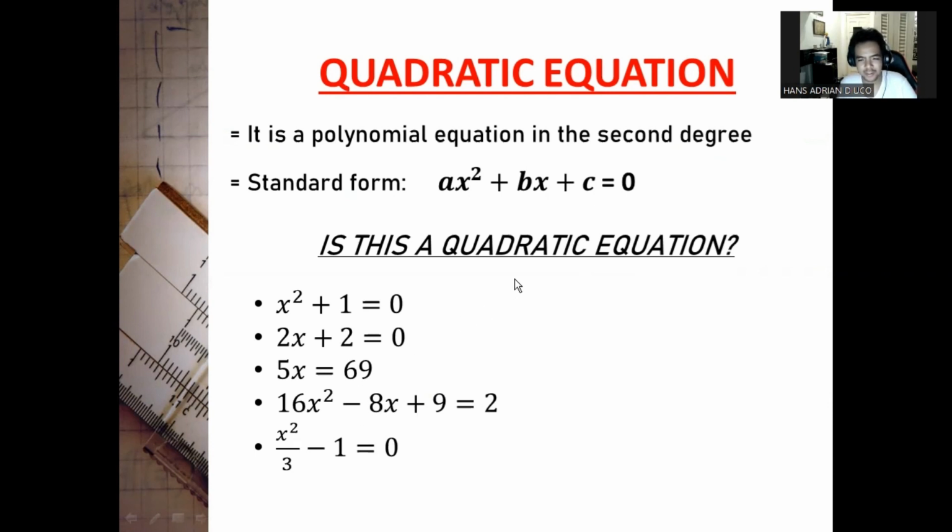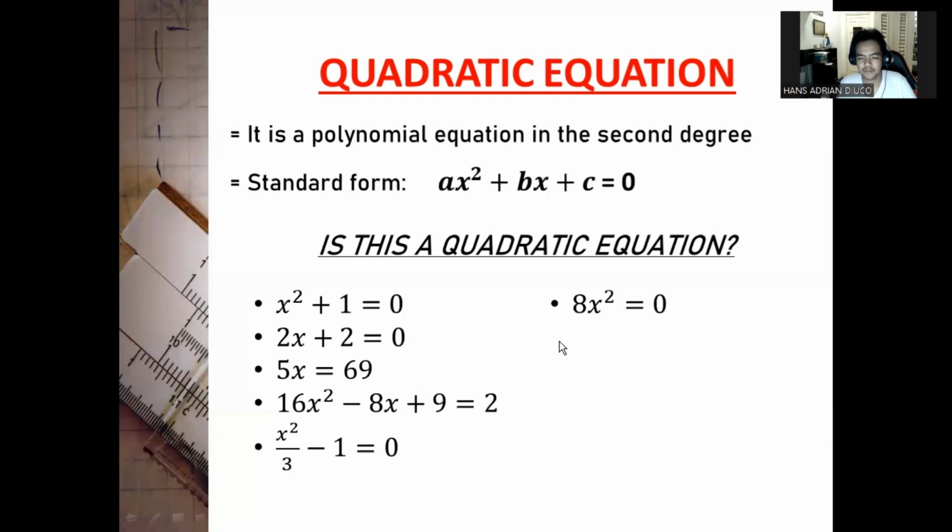Remember, just look at the variable. It's always going to be a quadratic equation as long as there's an x squared. And yes, you can multiply everything by 3. Rule of multiplication, property of equality. Multiply everything by 3, and you get x squared minus 3 equals 0. So you can do that.